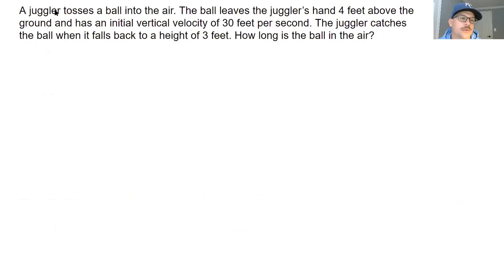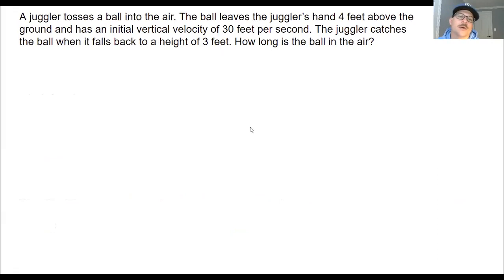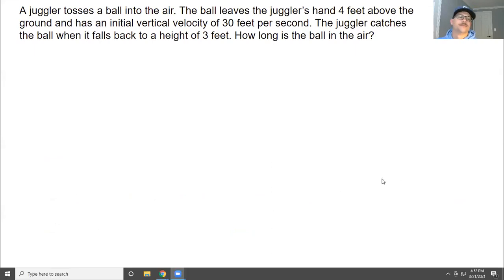So let's finish up with a real life problem when it comes to a juggler throwing balls up in the air. A ball leaves the juggler's hand 4 feet above the ground and has an initial vertical velocity of 30 feet per second. The juggler then is going to catch the ball when it falls back at a height of 3 feet. So we need to figure out how long the ball was in the air.